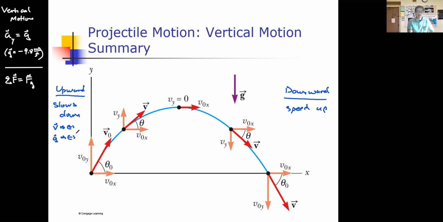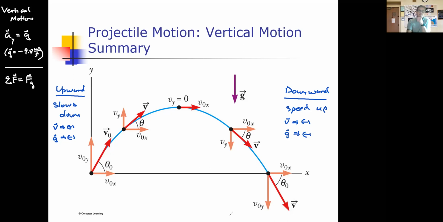So the signs are opposite. Whenever the velocity and the acceleration have opposite signs, we learned this back in chapter 3, the object's going to slow down. Whereas with the downward trajectory, the arrows change direction. Now the velocity is negative, pointing down, and the acceleration is always negative, always pointing down. And so the object speeds up.